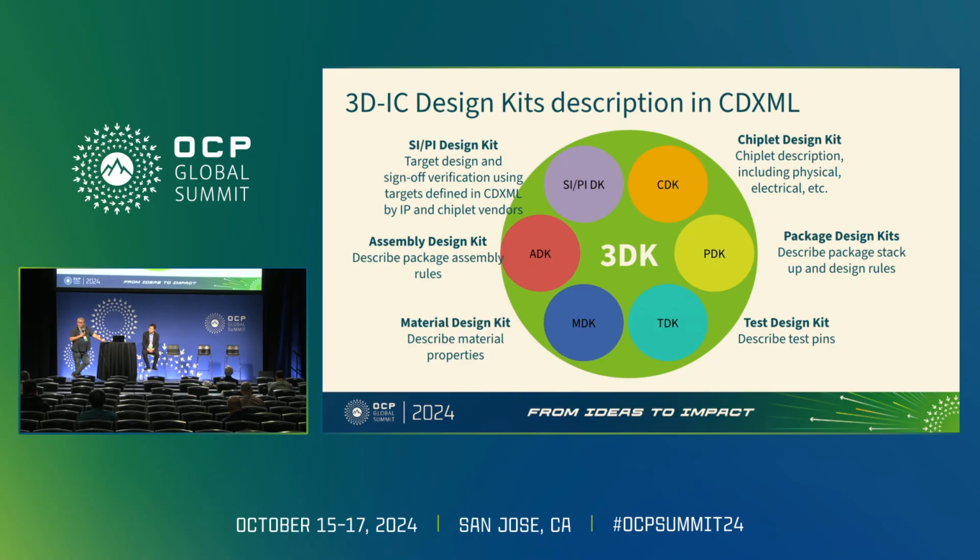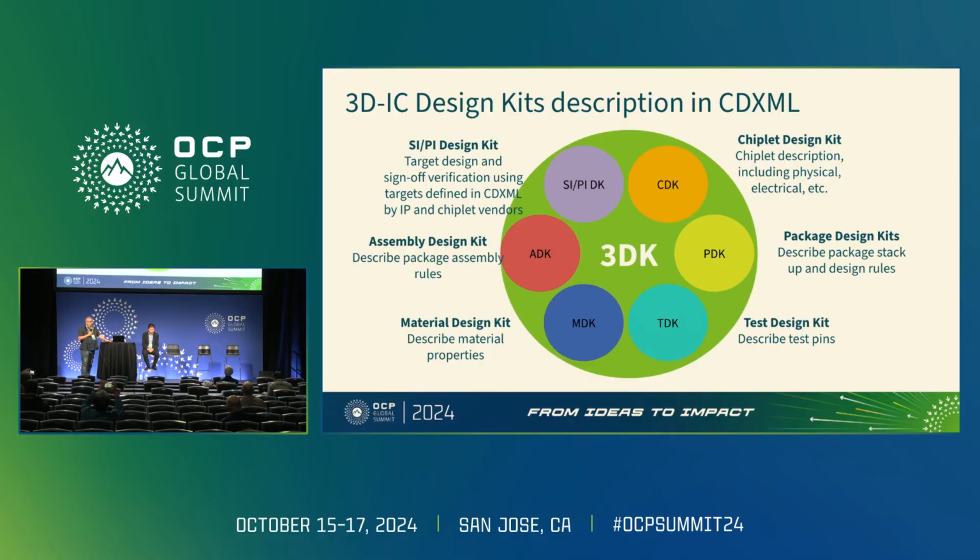Probably the easiest one to start with is the CDK, the chiplet design kit. We defined that a couple of years ago, and it defines a set of models that a chiplet vendor might need to provide to a chiplet integrator, so that they are able to plug that chiplet into their system.